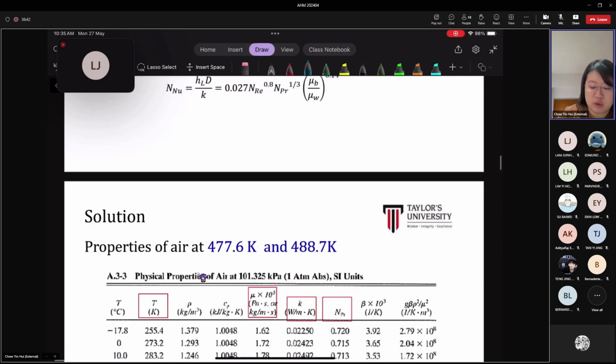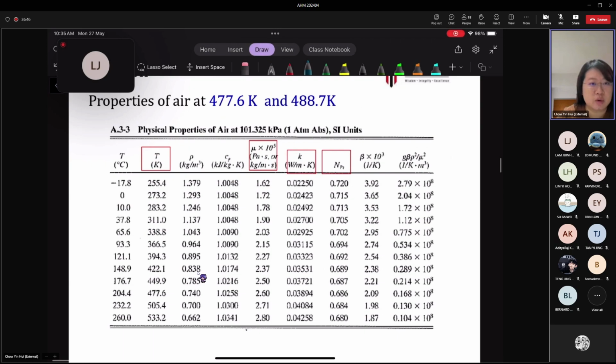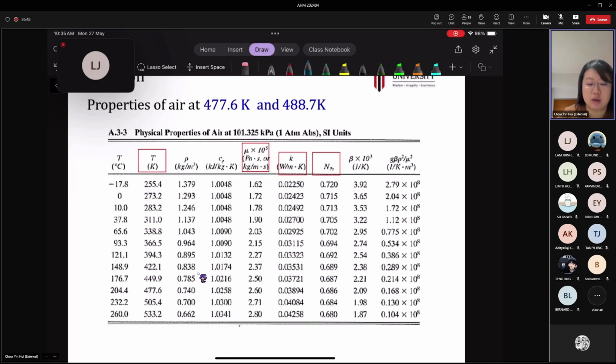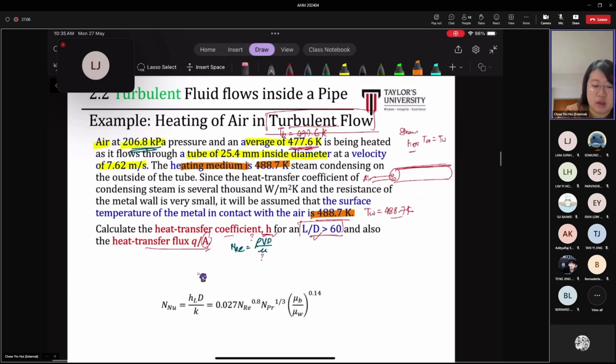If you look at your table, which I've uploaded right under week 6 so you can download it, the physical properties of air are compiled for when air is at 101.325 kilopascal. But in this scenario, the air is flowing at 206.8 kilopascal.